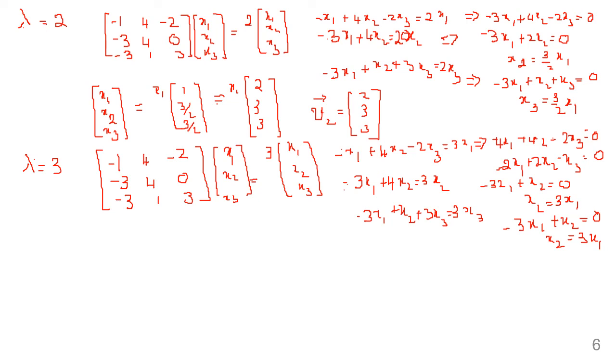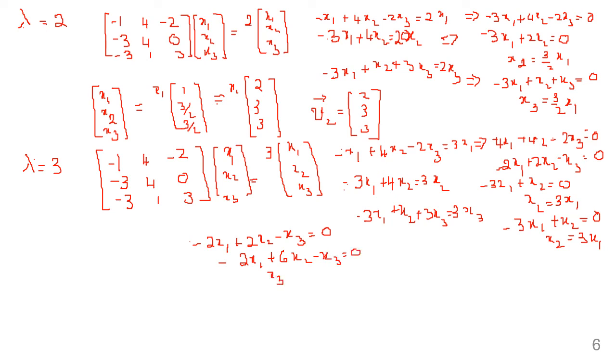If I substitute these values in the first equation, the first equation is minus 2x1 plus 2x2 minus x3 equal to 0. Here I have minus 2x1 and x2 is equal to 3x1, so 6x1 minus x3 equal to 0.